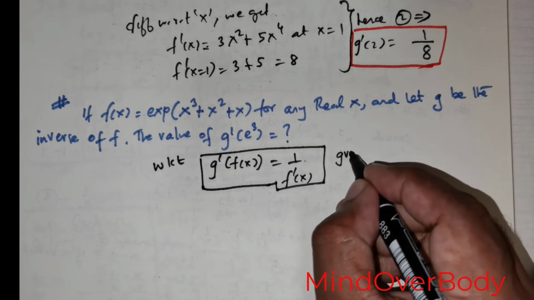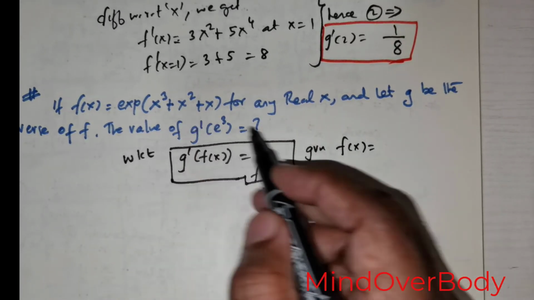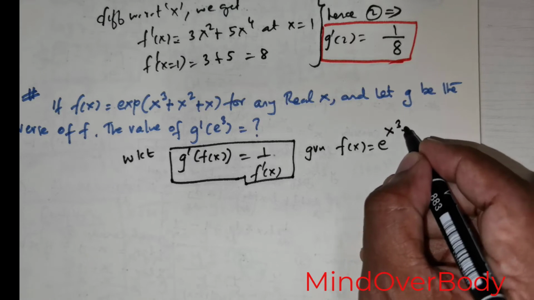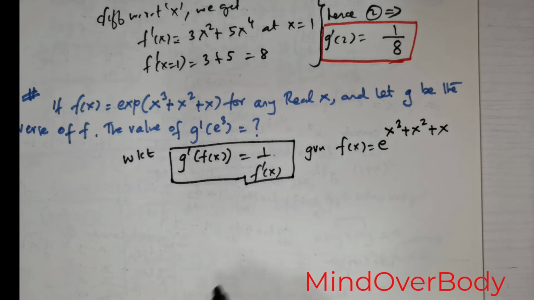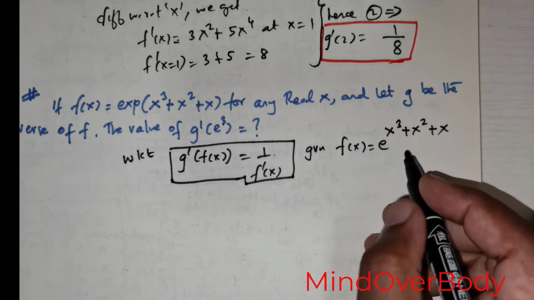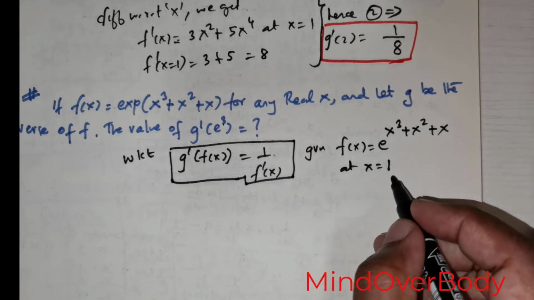Now, what is given? F of x is equal to exp of x cubed plus x squared plus x, which can be written as e raised to the power of x cubed plus x squared plus x. So we are expected to find e raised to the power of 3. So we need to have a 3 there. So for that we need to get the value of the function at x is equal to 1.